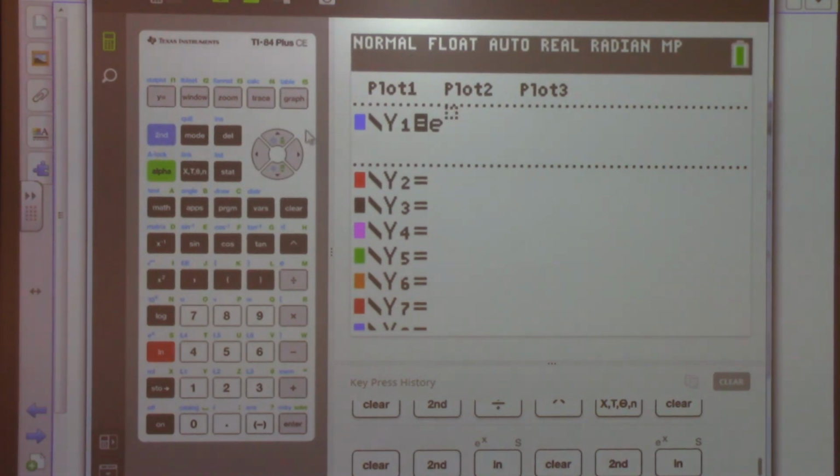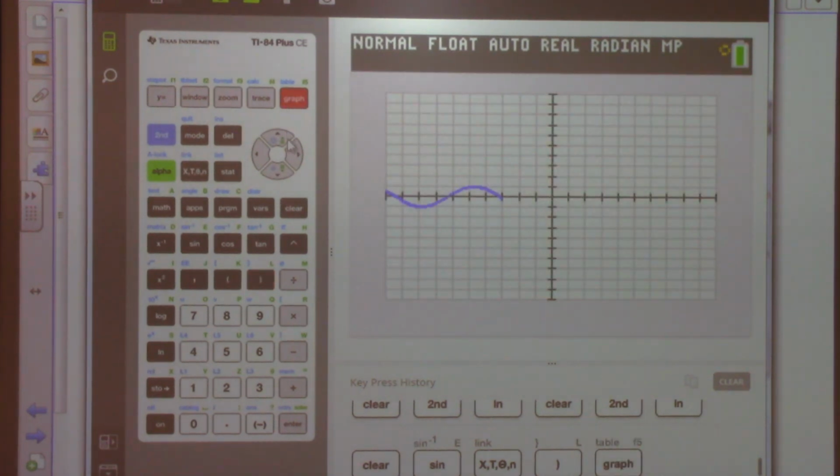Okay, sine and cosine. That's another good question. Sine is right here, and cosine. So sine would be like this: sine x. One thing you've got to think about too is what mode your calculator's in, because this is a trigonometric function. In my case, it's in radians. So this is what the sine function looks like.